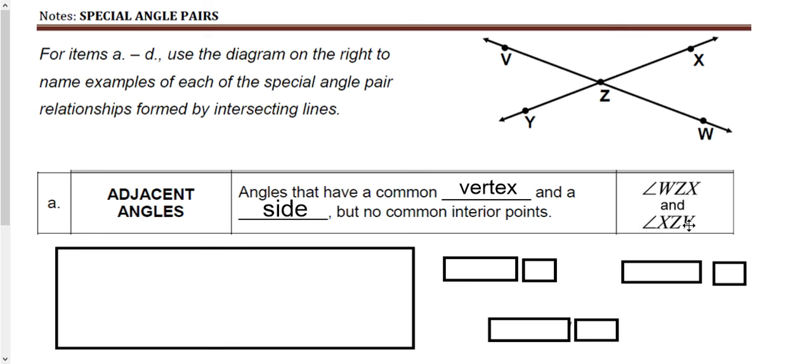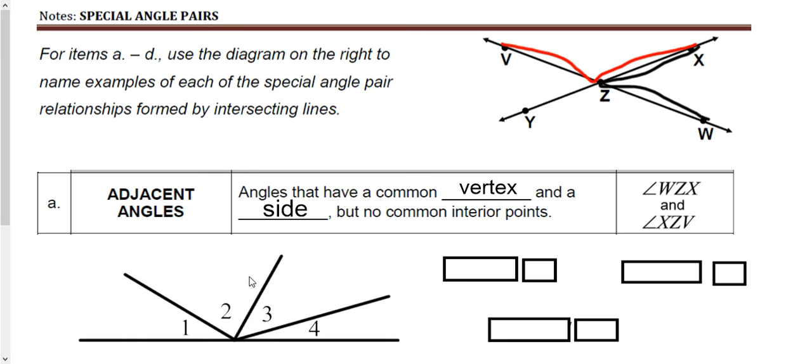WZX and XZV. Let's see if I highlight those. WZX, that angle, and XZV, this angle right here. You can see they're side by side. They share this same vertex. They share this common side, but the interior is different for each of them. They don't overlap. That's basically what it is. Adjacent angles are side by side.